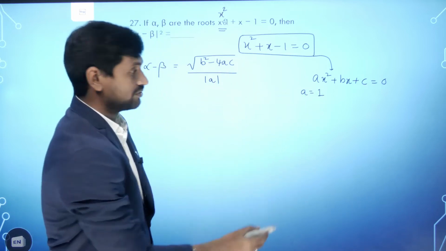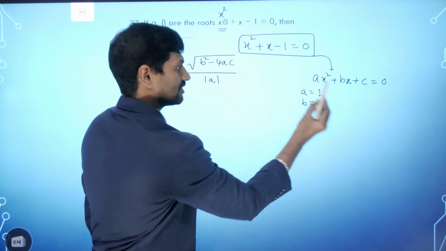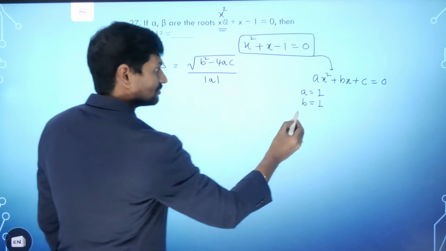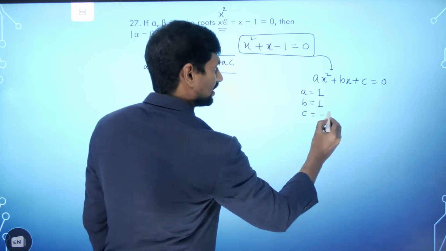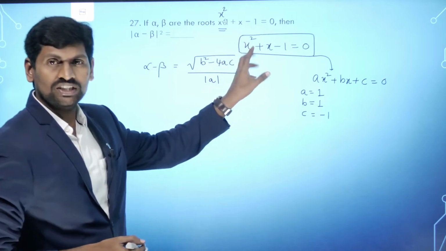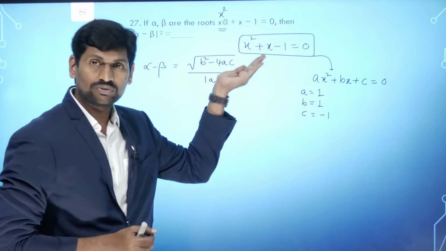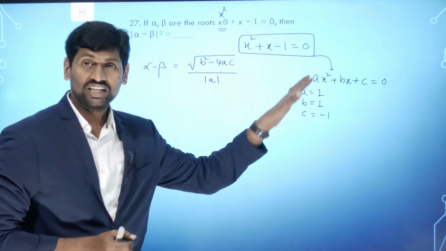What is the b value? X coefficient. Here also there is nothing written, means 1. Constant term c value is minus 1. So given the quadratic equation, I am just comparing with the general form. I have found the values of x square coefficient, x coefficient and constant term.